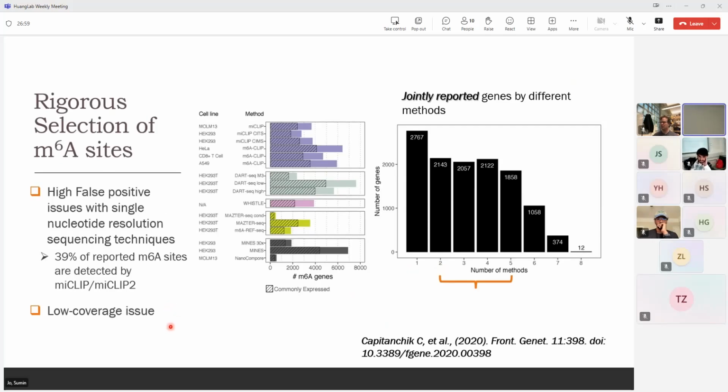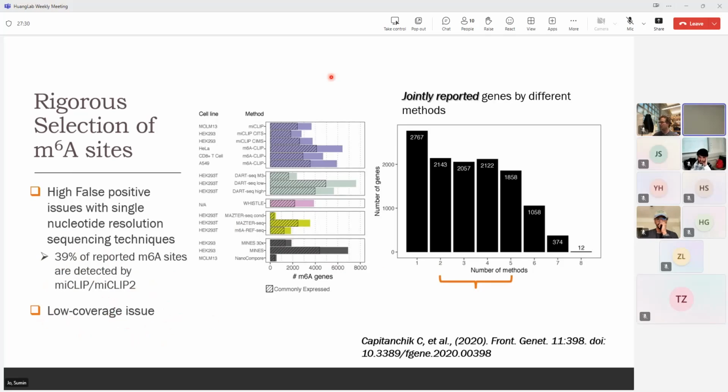But the issue with those single base data is that the technologies still have high false positive issues. For example, 39% of reported M6A sites are detected by miCLIP or miCLIP2, which are known to have high false positivity, and some high precision or high accuracy sequencing data still have very low coverage issues.